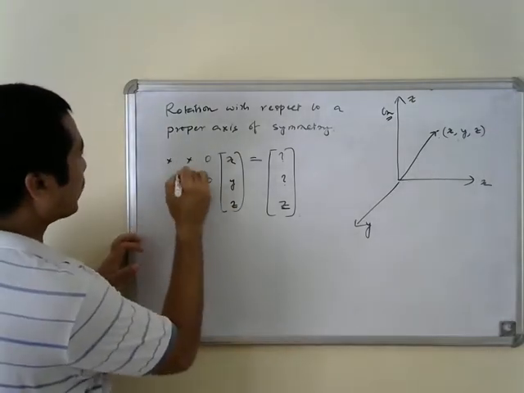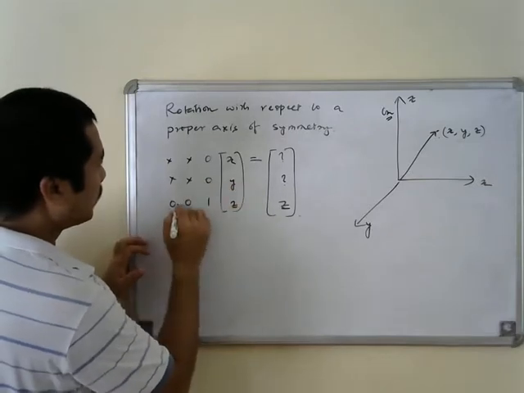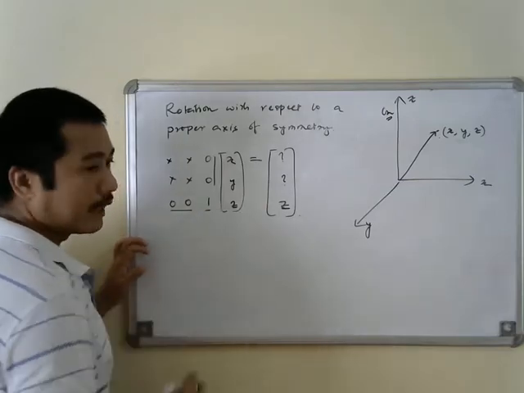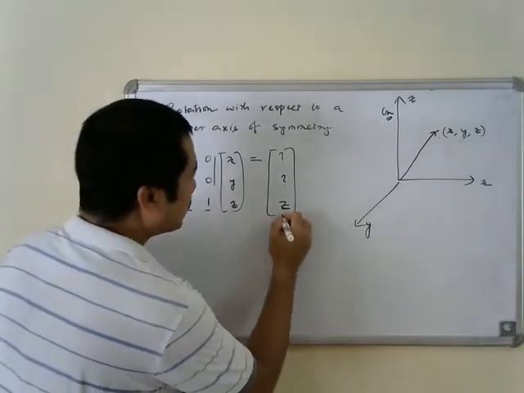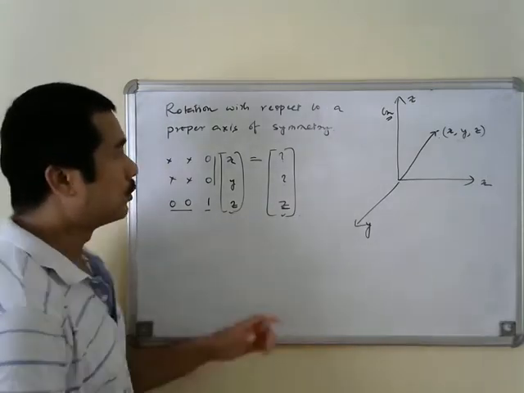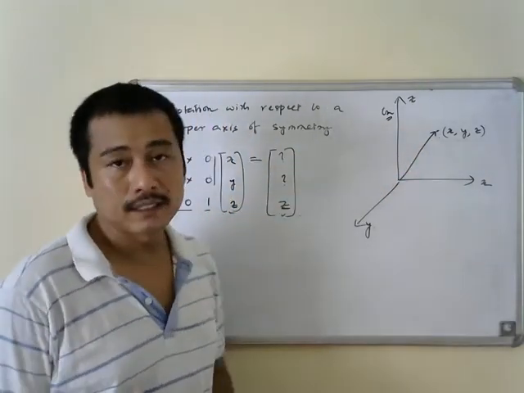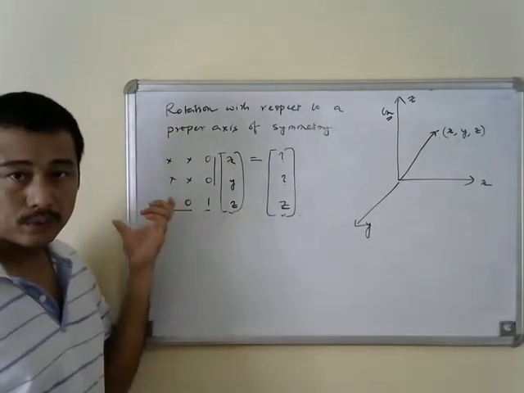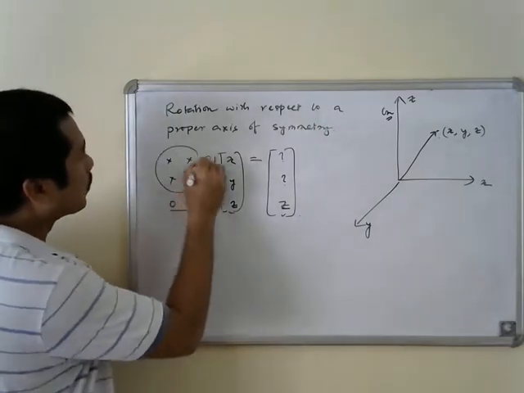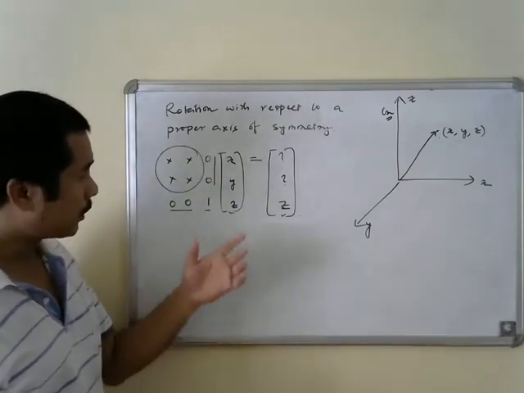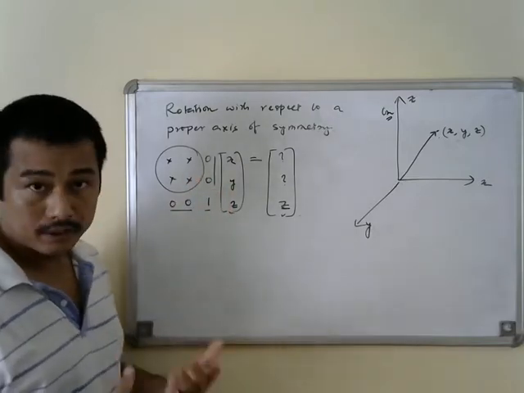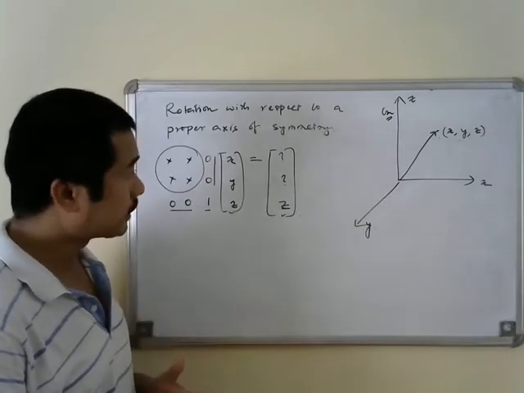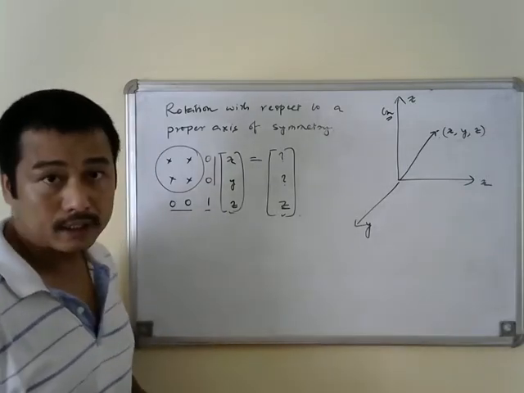We do not know what the elements over here are, but we know for sure that these two elements must be equal to 0, and these two also must be equal to 0, and this is equal to 1, so that the z coordinate does not change when we do rotation with respect to Cn, because the Cn is along the z-axis. So these elements we could immediately deduce, and we do not know what these other elements are going to be, because we do not know the final coordinates of x and y after doing the rotation. So we will see how we can find out the final coordinates of x and y when we do rotation by an angle, say theta.